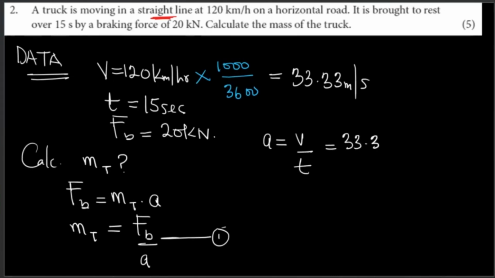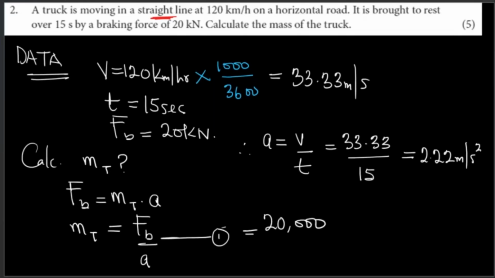Velocity is 33.33, and it took 15 seconds. Someone give me the value of the acceleration. 2.22 meters per second square. So you just substitute that. The braking force is 20 kilonewtons, so this is going to be 20,000 divided by 2.22. From here, you'll be able to get the mass: 9,000.9. Okay.